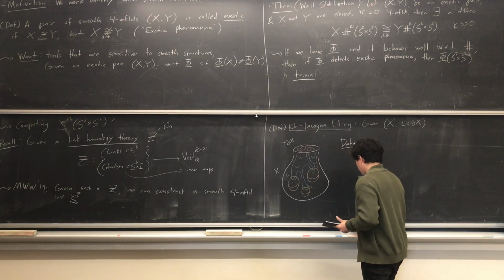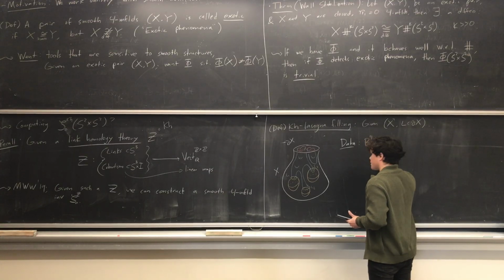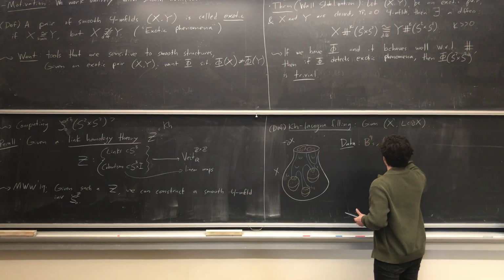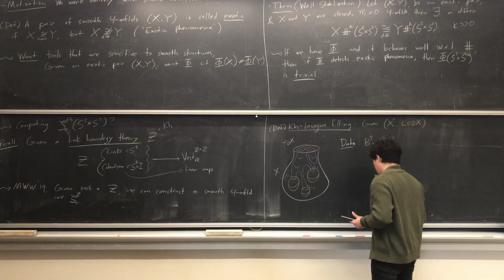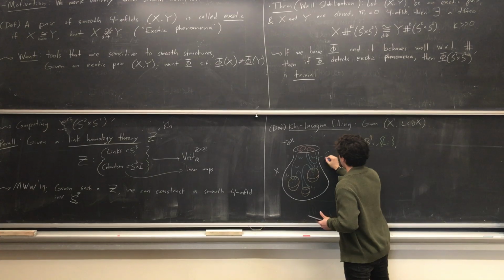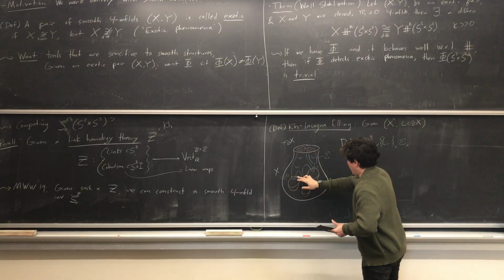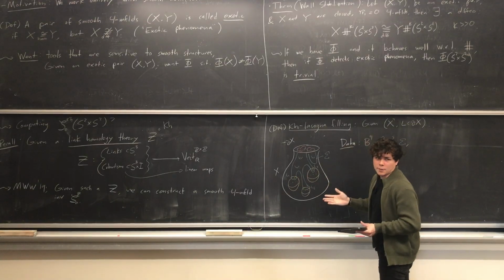These are the input links. So in total we have our collection of input links, our surface sigma. And then you attach labels from Khovanov homology, right?